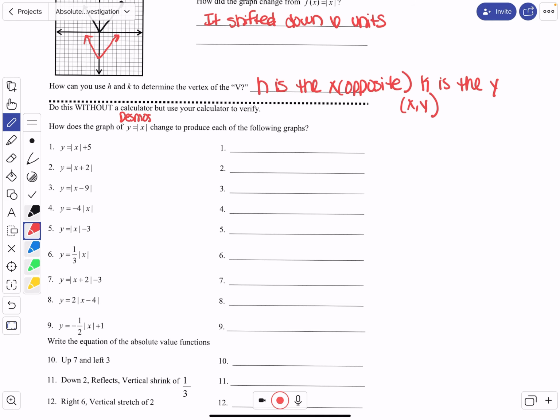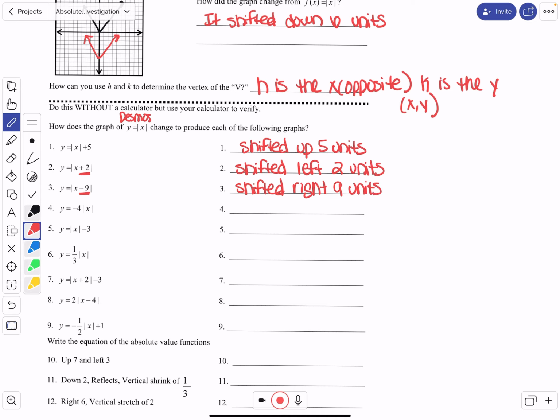All right, so on these, this would be shifted up 5 units. Number 2, with the +2 on the inside, shifted left 2 units. With the -9 on the inside, shifted right 9 units.